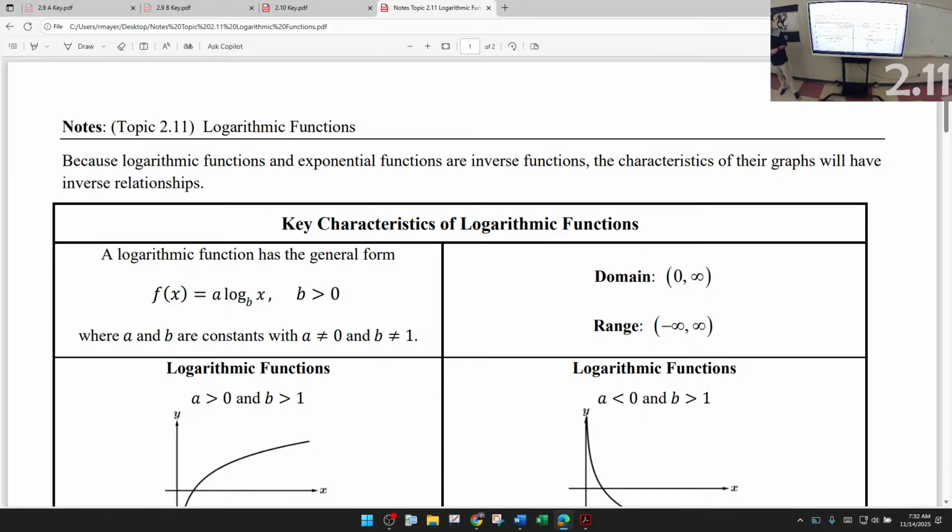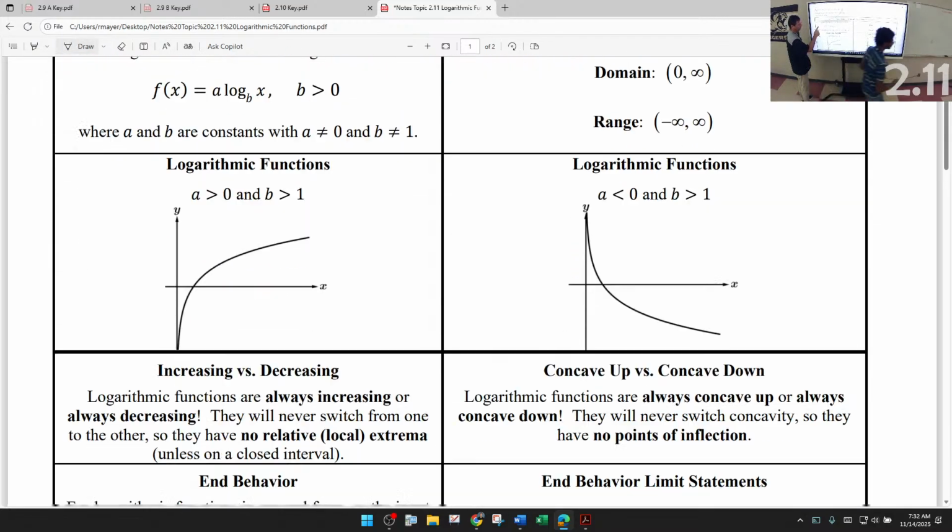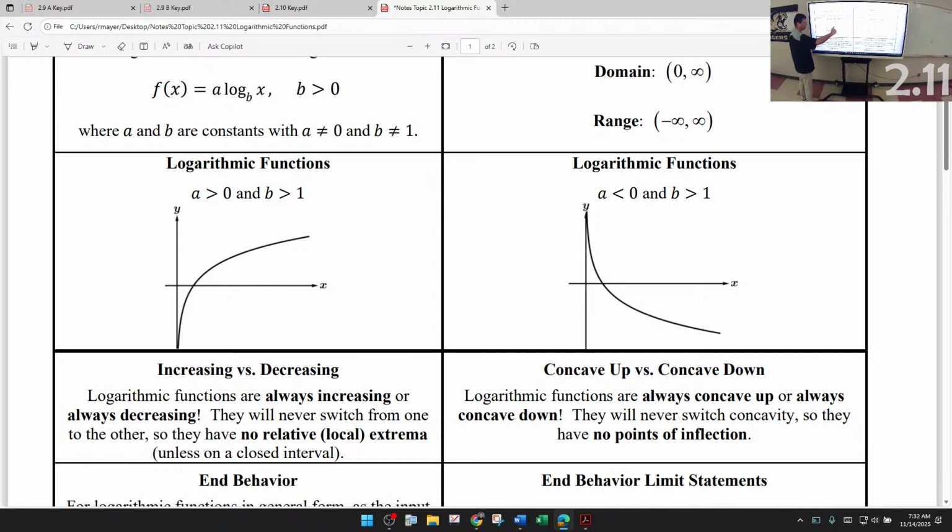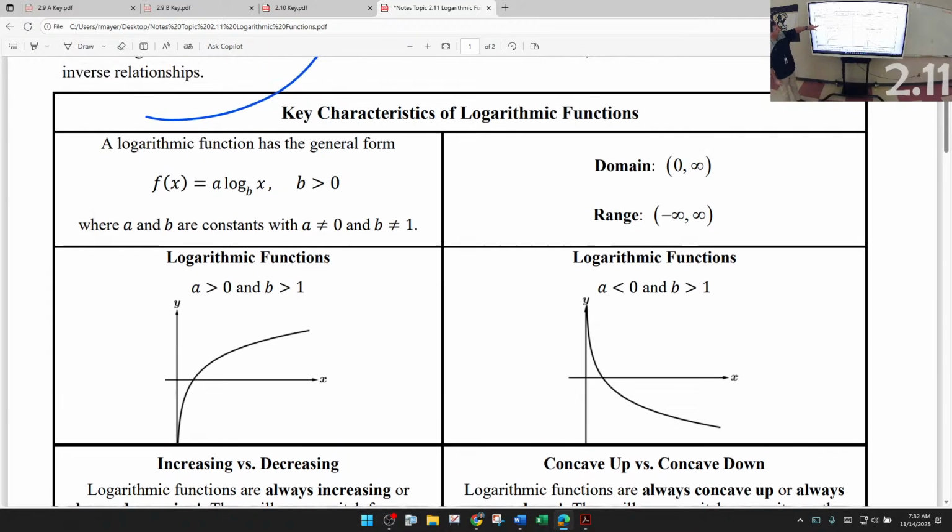So when we had exponential growth, which started low and curved upward, instead of flattening out at the y-axis, it's going to flatten out at the x-axis. So exponential growth will end up looking something like this, and then exponential decays will start looking like this. All right? So here's what they want you to know about.